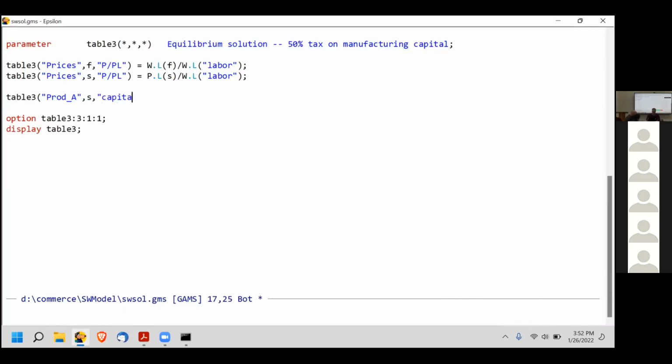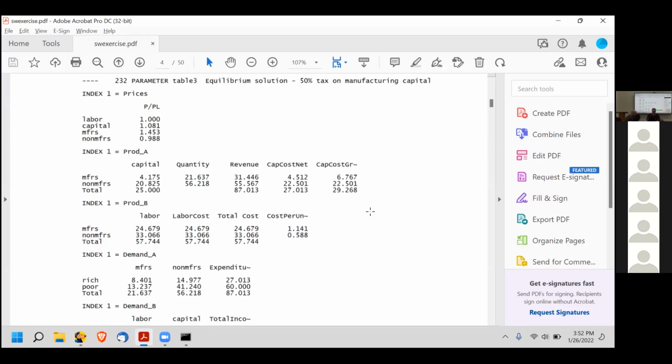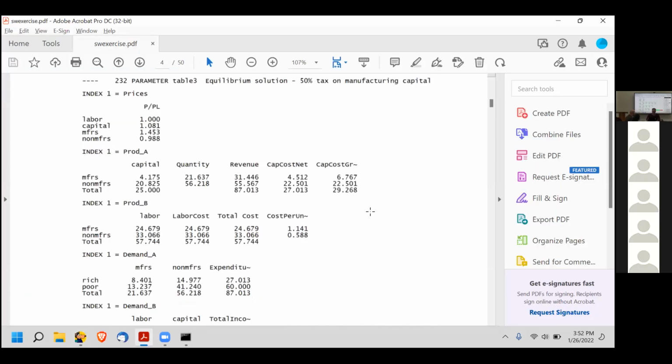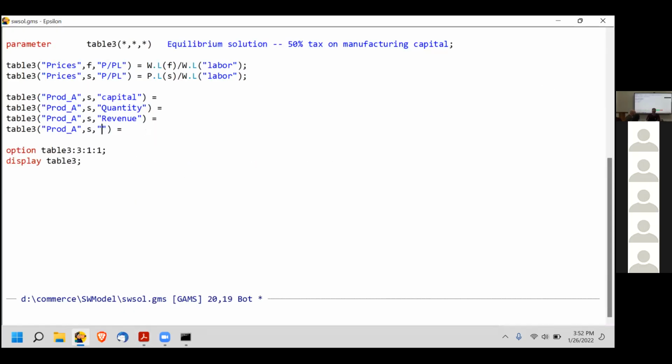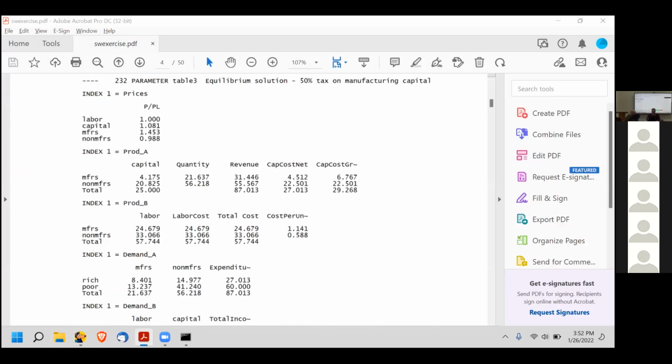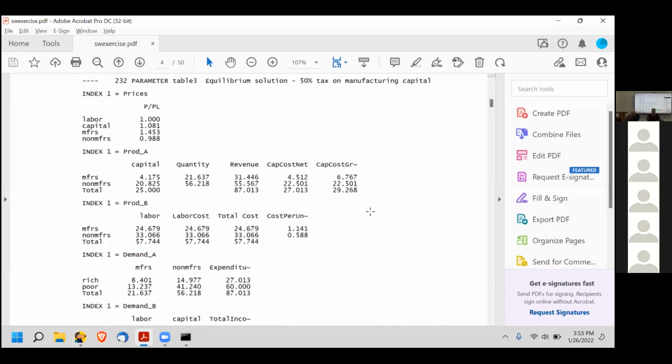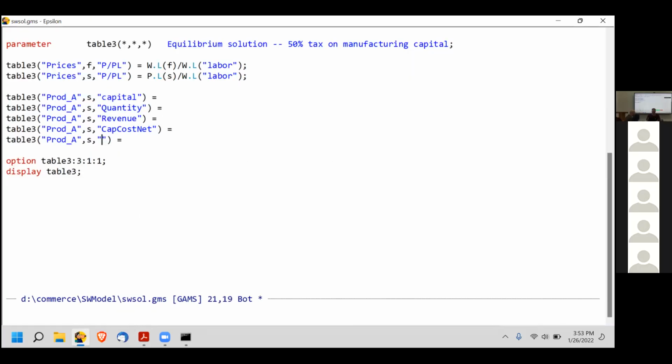I'm going to have capital. The other one is going to be quantity. The other one is going to be revenue. I'm just making a list of what I have to compute here. Cap cost net. It's called cap cost net. Then I have cap cost gross.